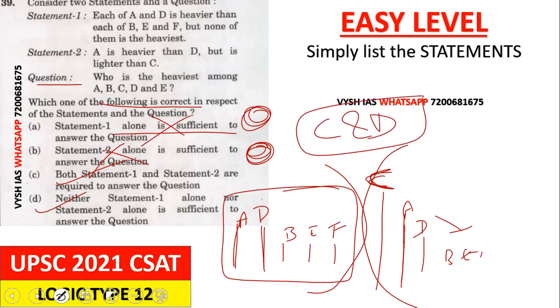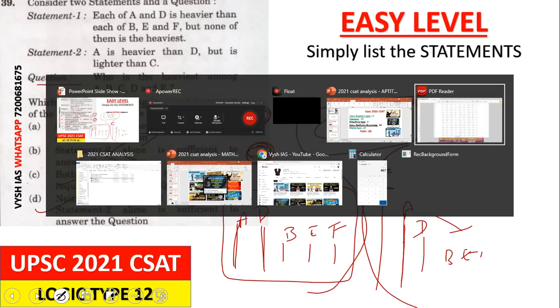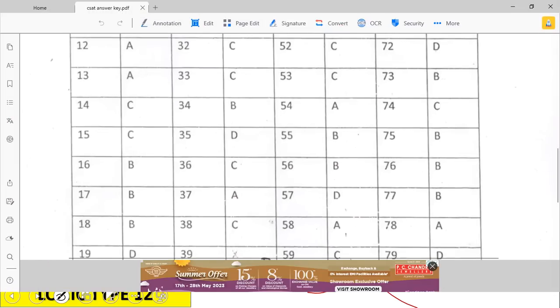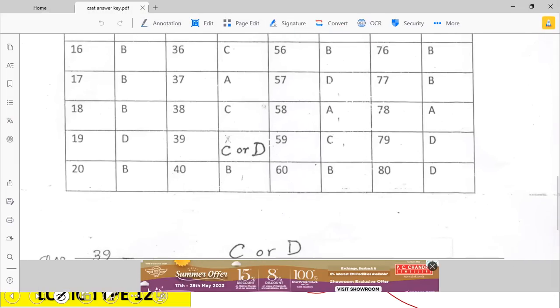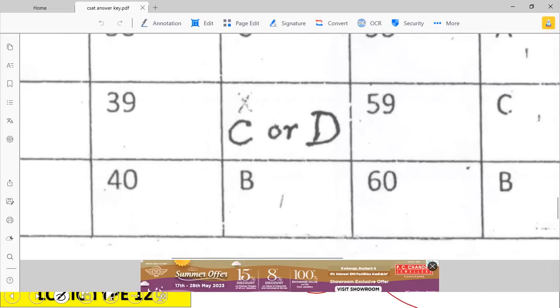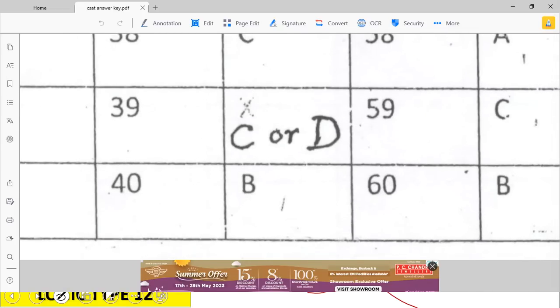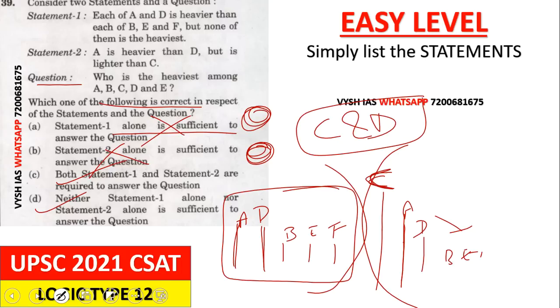Now you think I'm bluffing, but this is how it's acceptable. Go and check the UPSC answer key. This is the UPSC answer key. 39, C or D. 39, C or D. UPSC also understood they had made a mistake. So they told whoever has marked C or whoever marked D, both will get plus 2.5 marks.